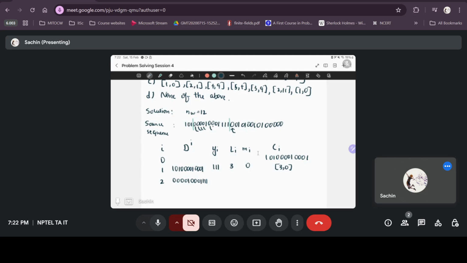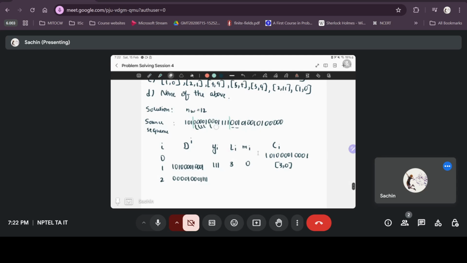All these were matching with 0. Substring of length 2, which is 00. Now 00 doesn't match in too many places, but still you could start here and get 00 here, here, here, here.